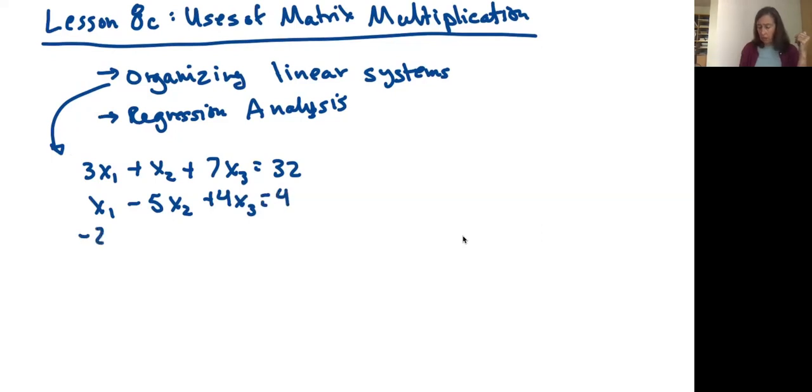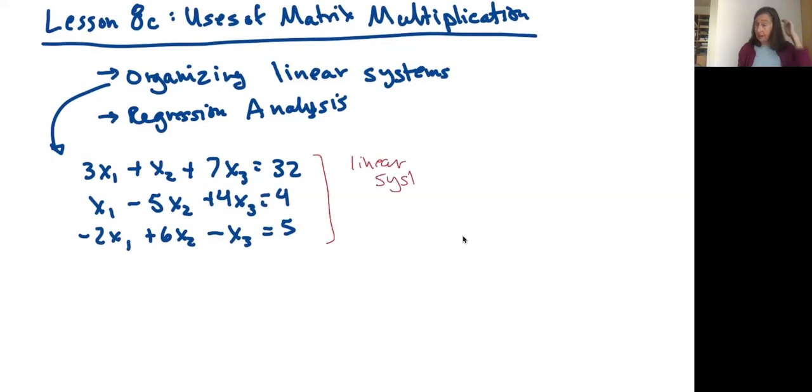And the final one is negative 2x1 plus 6x2 minus x3, that should equal 5. Okay, so this is an example of a linear system.